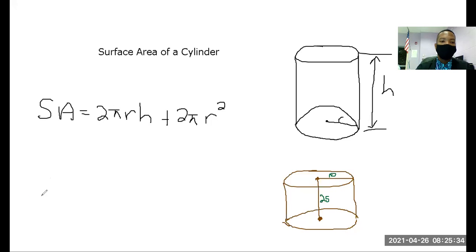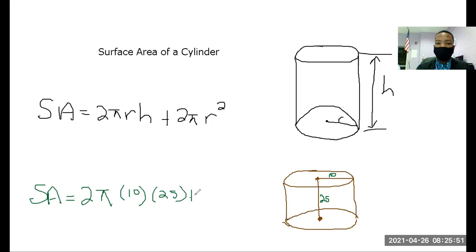So we get our formula, surface area, and all we do is we put the numbers in. So 2 pi, we say r is 10, so we put 10. And we say h is 25, so we put 25. Plus 2 pi, and then r is 10 squared.